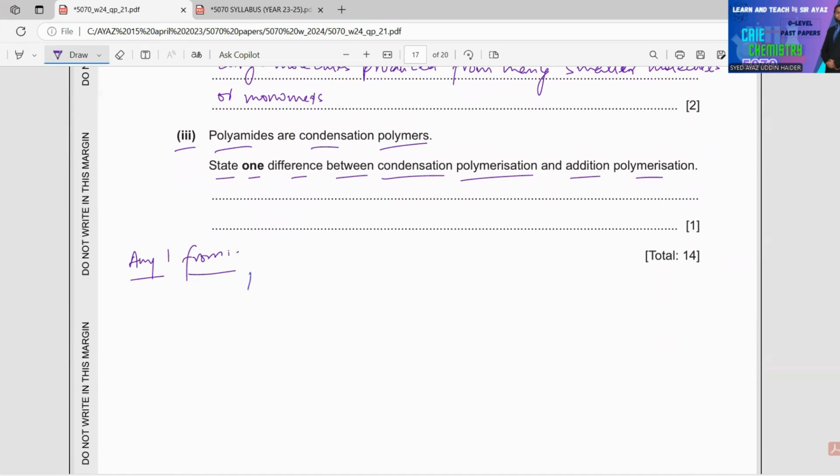Refer to the product produced: in the case of addition, only one product is obtained.